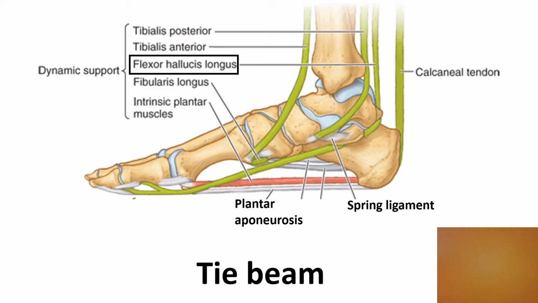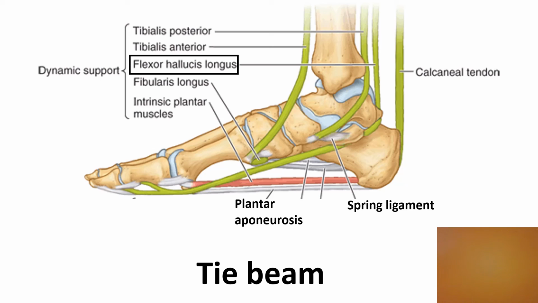When we talk about the tie beam, which is the tendon that crosses under the sole of the foot from posterior to anterior, we have the tendon of a muscle called flexor hallucis longus. Flexor because it causes flexion, hallucis because it goes to the big toe, and longus because there is another short one called flexor hallucis brevis.